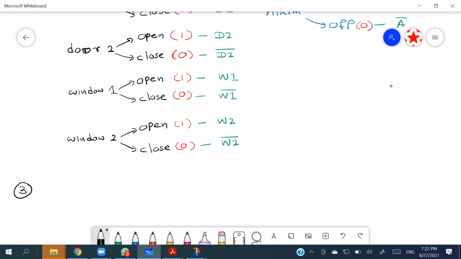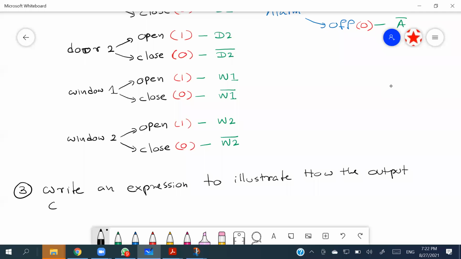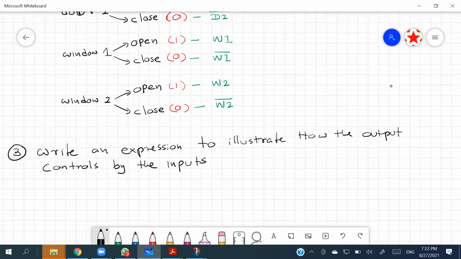So write an expression to illustrate how the output is controlled by the inputs, right?